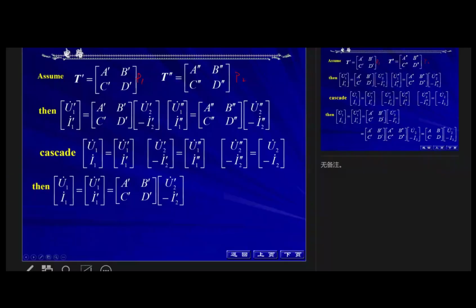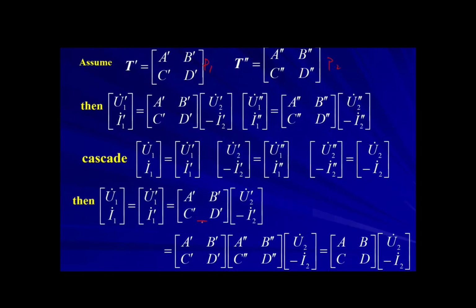So U1, I1 and U2, I2. We use T1 to express this part, T sharp. And U2 sharp, minus I2 sharp, we use this part to express.